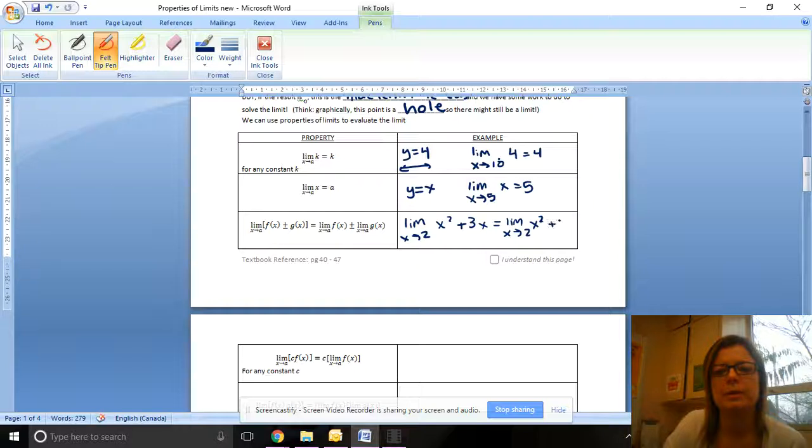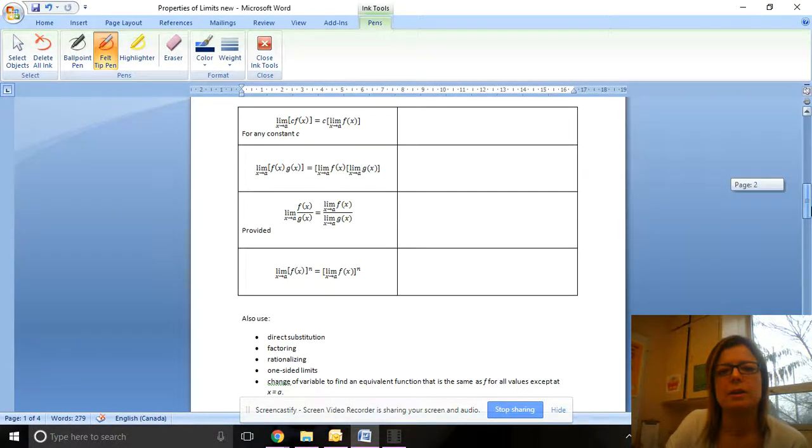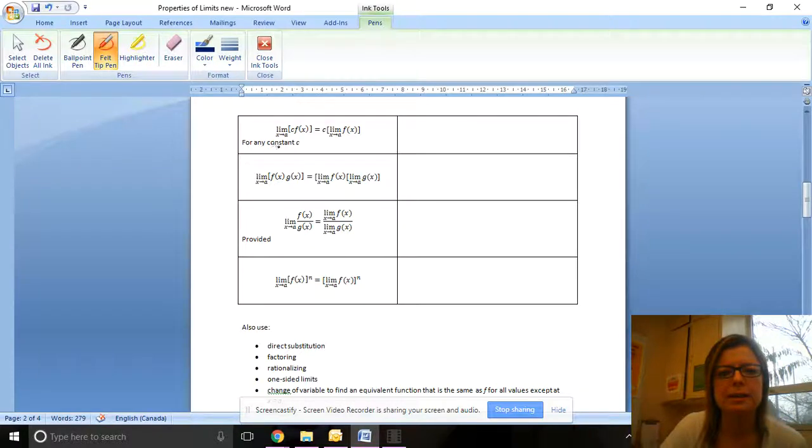All right, now this one says that if we have a constant being multiplied by a function, I can actually take that constant out to the outside of the function. So let's say I have the limit as x approaches 2 of 3x squared plus 15.